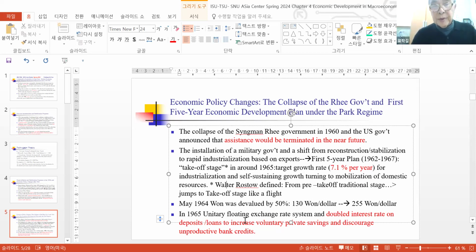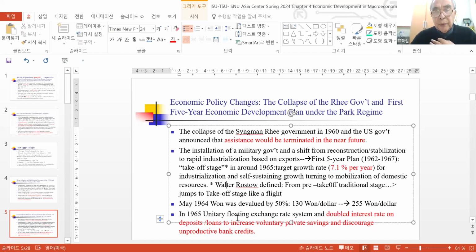So in 1965, a unitary floating exchange rate system and doubled interest rate on deposit loans to increase voluntary private savings and discourage unproductive bank credit. What does that mean?